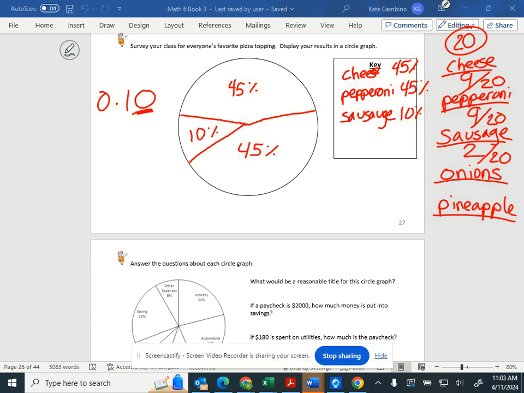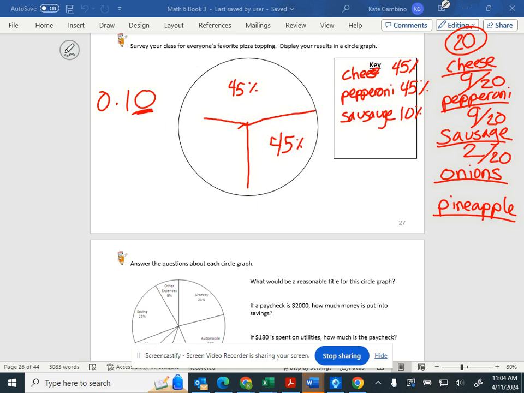Wait, you said minus 100, right? 100 minus 90. Because I said take 90 away from 100. Do you see how I figured out what my percentages should look like? We want to be careful that our lines on our circle graph look logical. It would not look right if I called this much 45%.